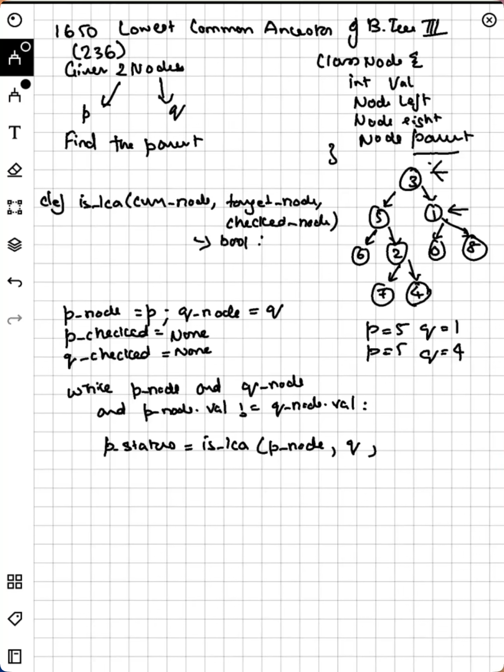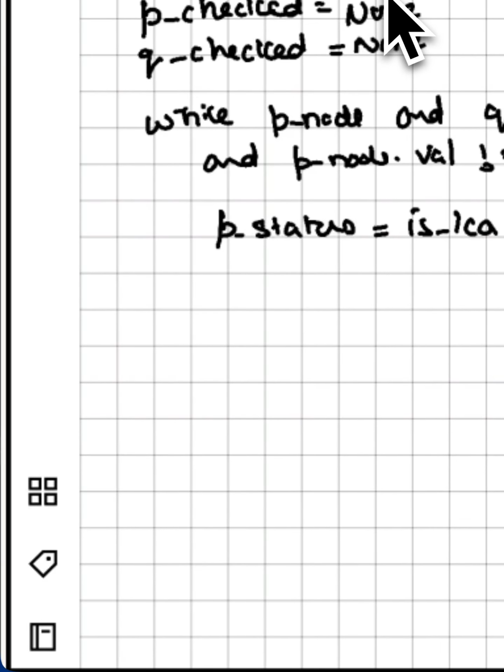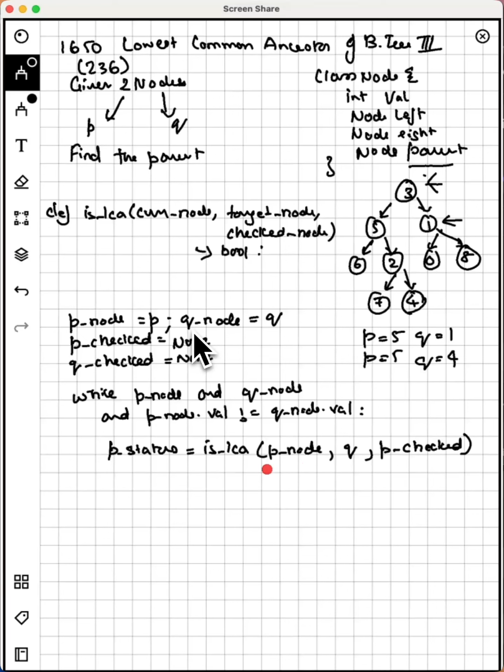You're looking for the target, which is q, and you have already checked this particular node on the p path. So here is the p status, which we're getting by traversing starting from p node, looking at its subtree, trying to find this target node q, and I have some checked values.